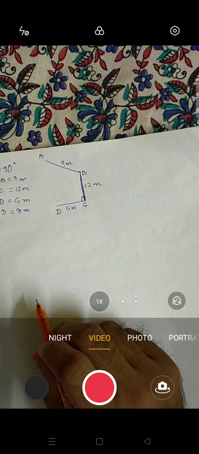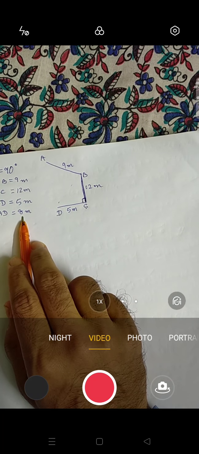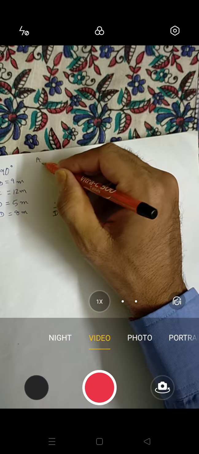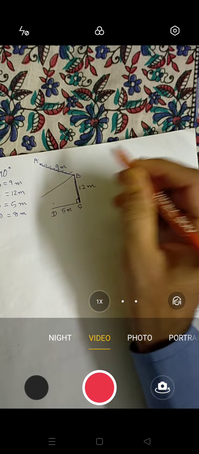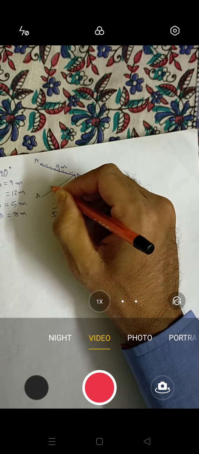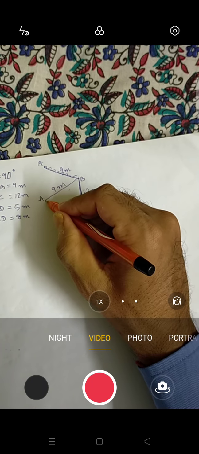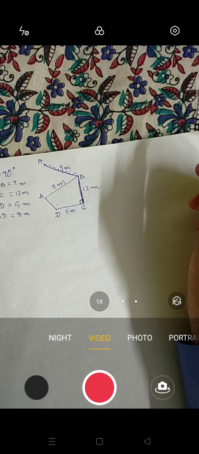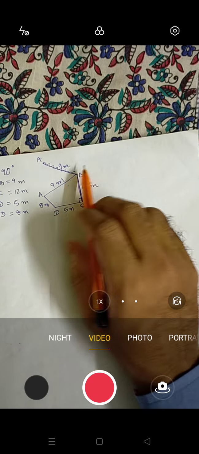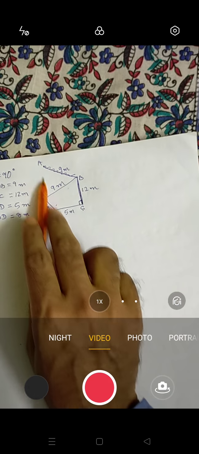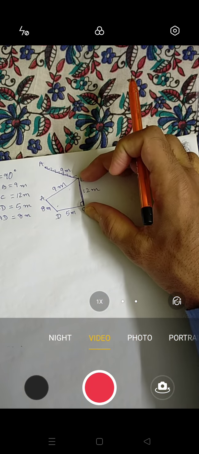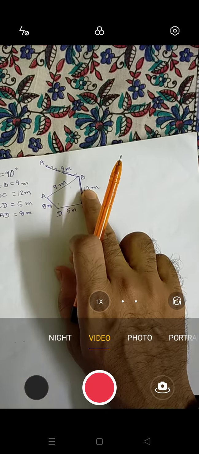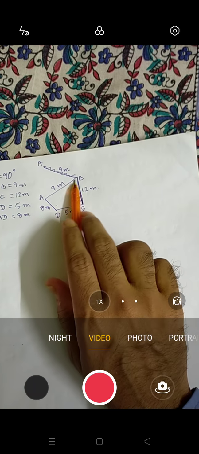Okay. Now AD has been given as 8 meter. Oh, sorry. Actually, this should be somewhere here, like this. So this is A. So this is 9 meter, and this is AD, that will be 8 meter. Why have I not taken it here? Because if I take it here, AD is big, and BC is this much, so AD will definitely be more than 12, but here AD is 8, so that's why I have taken it downward.